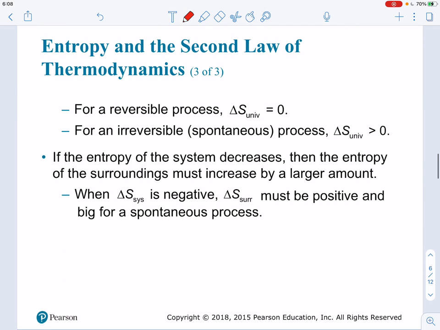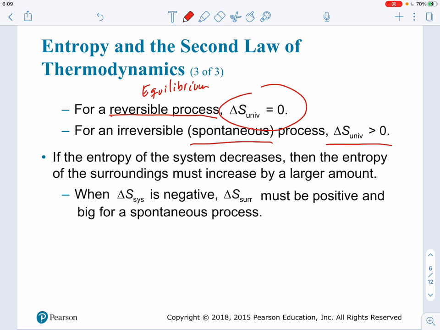So reversible processes, like what you have at equilibrium, have a change in entropy of zero. Spontaneous processes need a positive entropy change. If you are not going to a more disorganized state, that process will not occur spontaneously.